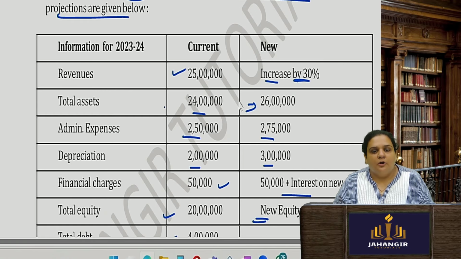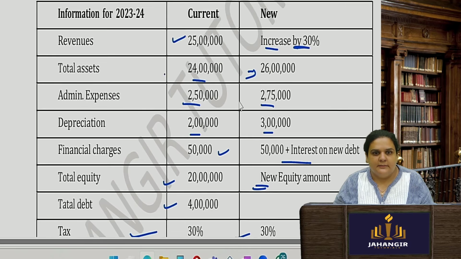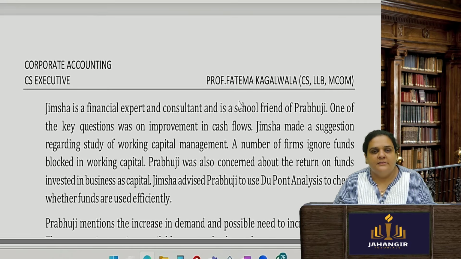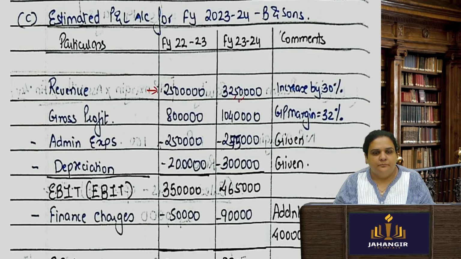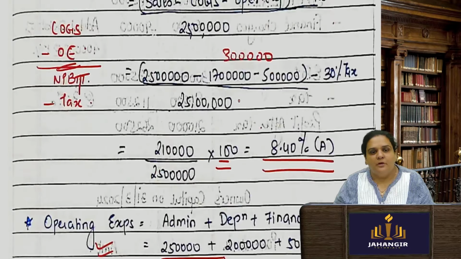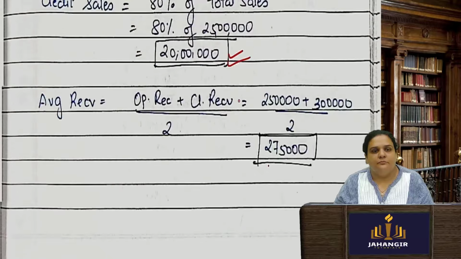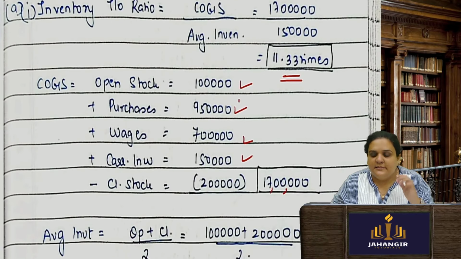Now gross profit margin, they say it will remain the same as the previous year. So in the previous year, what was my gross profit margin? First, what was my gross profit? How much was my COGS? 17 lakhs, no?